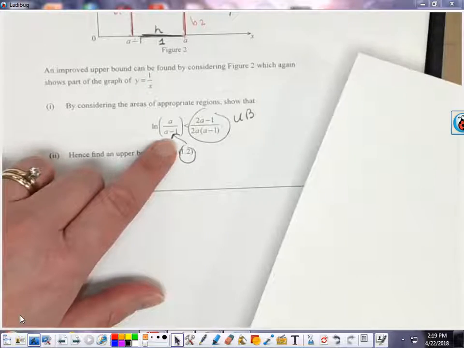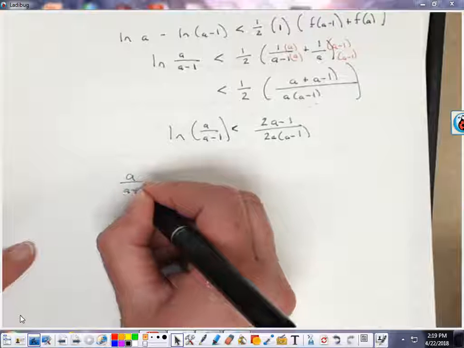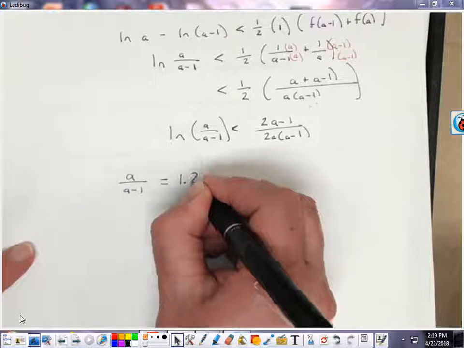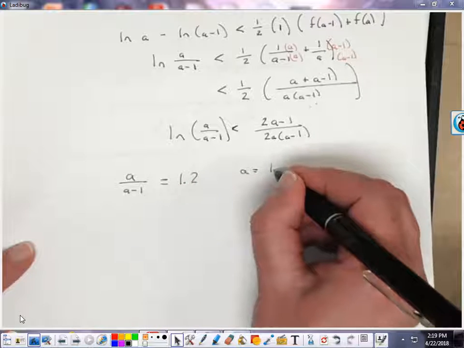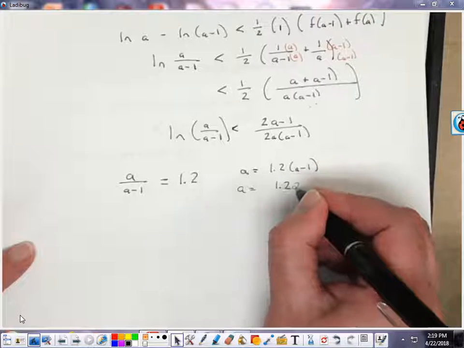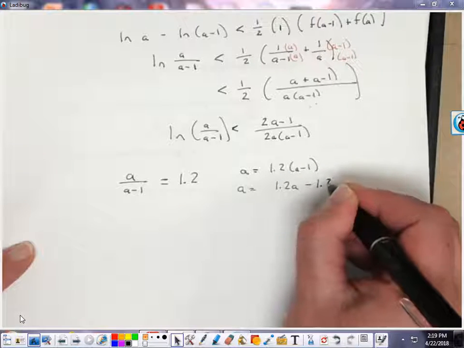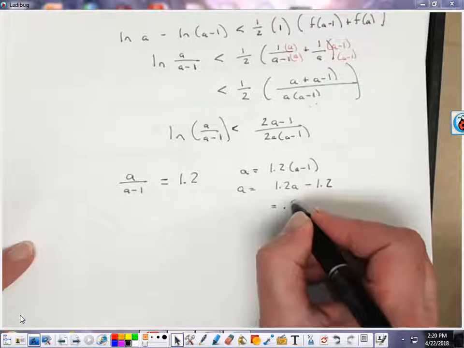So I would like a over (a minus 1) to be equal to 1.2. So multiplying both sides by a minus 1, you would have 1.2a minus 1.2. And then you could subtract the a, so you'd have 0.2a.